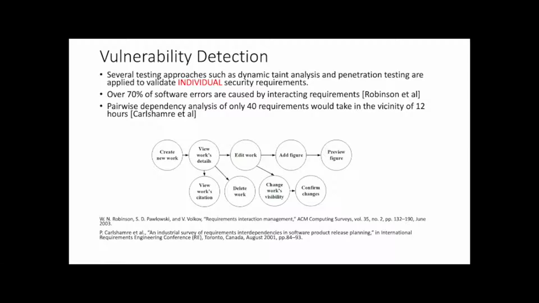Researchers have proposed many testing approaches to help us detect the vulnerabilities and validate the security requirements. However, most of them focus on individual security requirements, or they validate the security requirements in isolation. According to Robinson, over 70% of software vulnerabilities are caused by interactions between requirements.